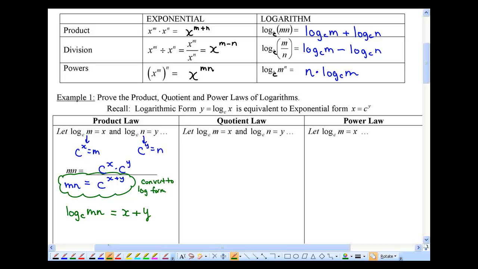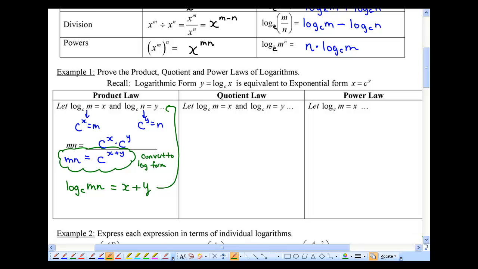Well, what's x and y again? Oh yeah, look back up here and we found that x was just equal to log base c m, and y is log base c n. And there you have it, your product law.